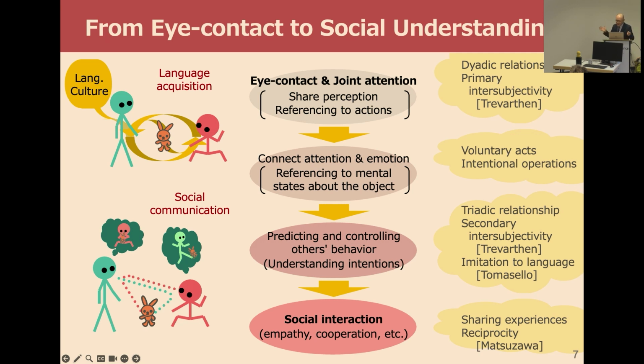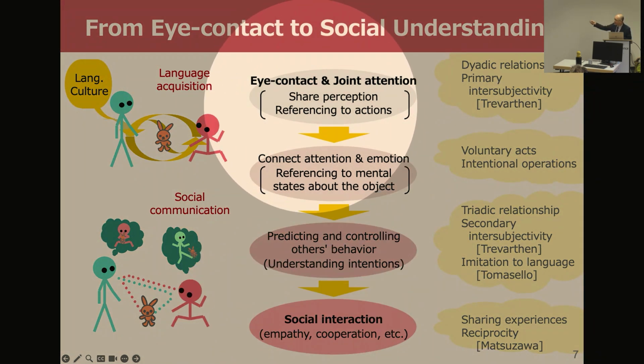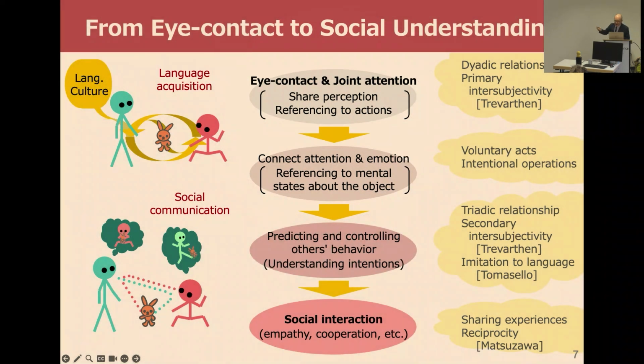So here I wanted to show that starting from eye contact and joint attention, children can reach human-specific social interaction capability, social intelligence.